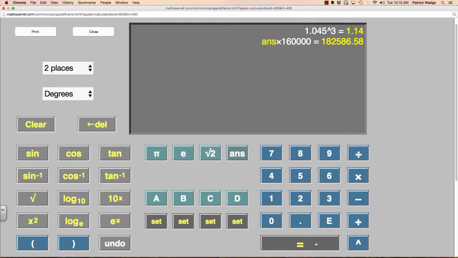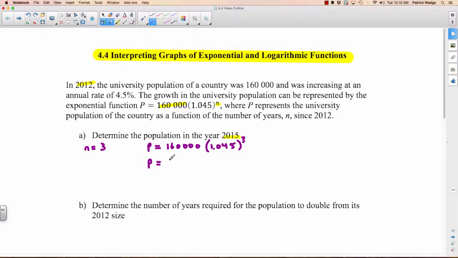And we get the answer, oh, interesting, we're going to have a decimal answer. That makes no sense. So why don't we round it? So this would be 182,587.